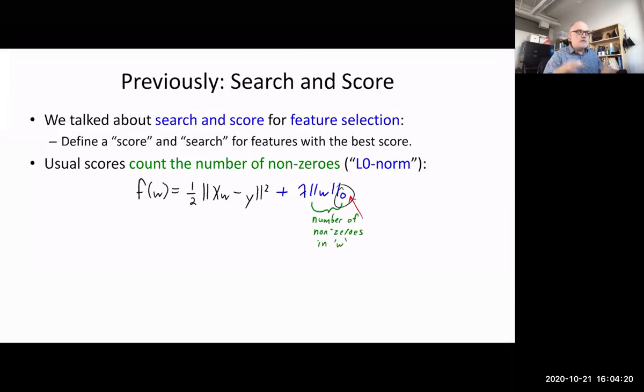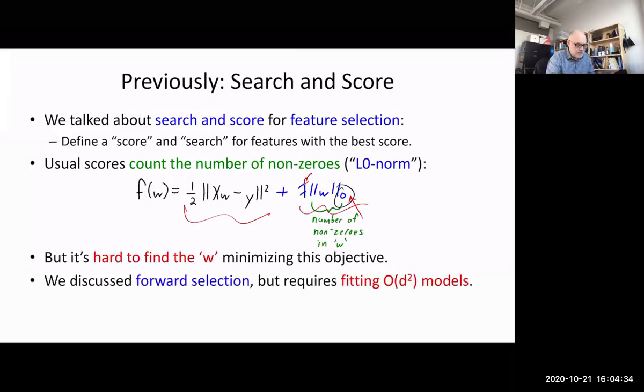We explicitly penalize based on that count, simultaneously minimizing the loss. Different things happen with different strengths of regularization. You know the story. The issue is that it's hard to find W with this objective.